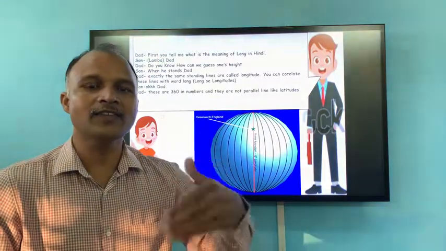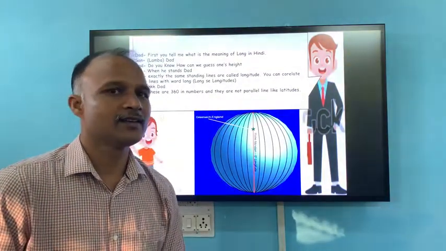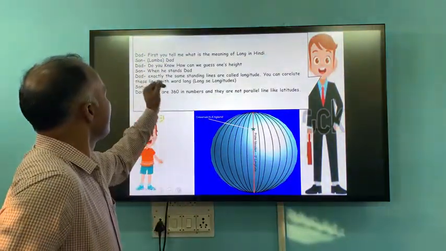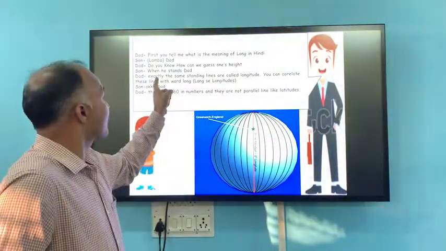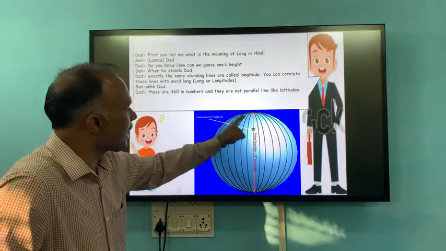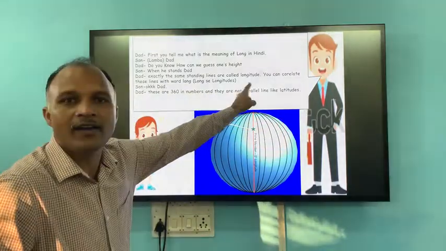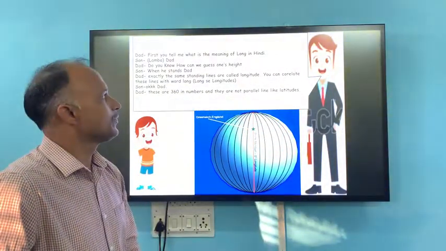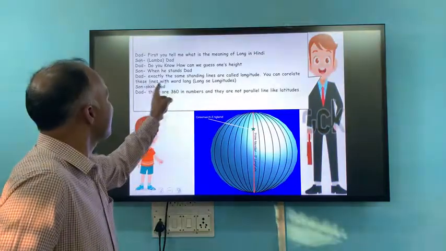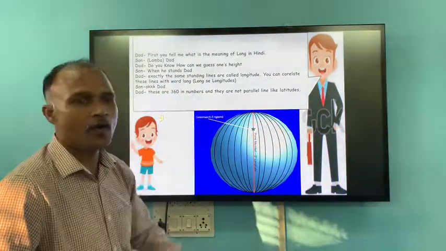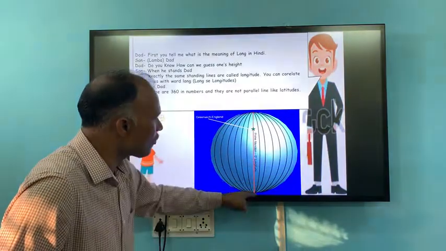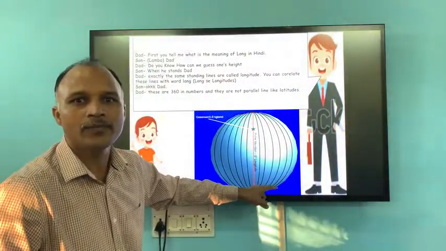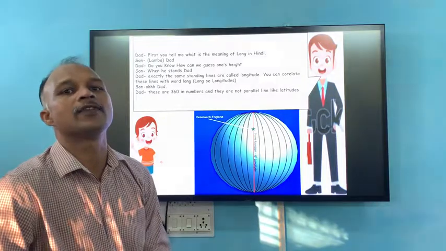The son said, when he stands straight. Then Dad replied, "Exactly, the same standing lines are called longitude. You can correlate these lines with the word long, and long से लंबा. ये सारी की सारी जो खड़ी हुई रेखाएं हैं बच्चों, ये longitude lines हैं."